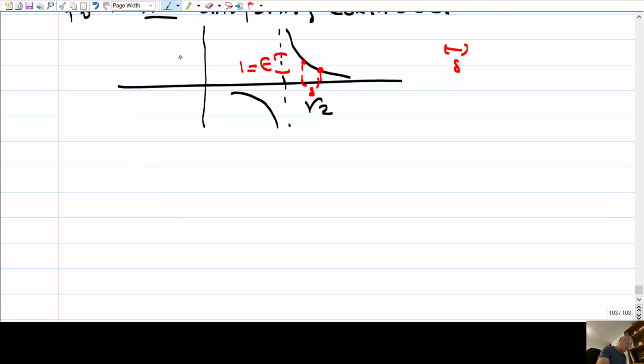Another example, actually again a non-example, is this. Consider this function again.